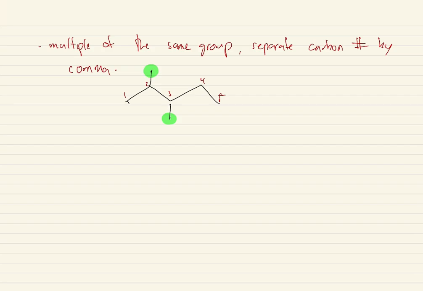This would be named 2, 3, and then we also add a prefix to the group. So if we have 2, these prefixes are the familiar ones that you're used to for covalent naming prefixes. So what do you guys think 2 would be?